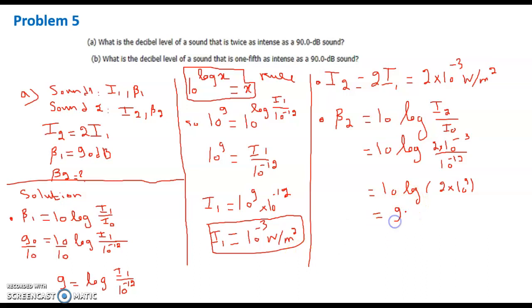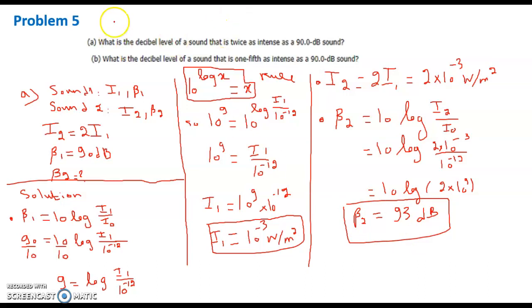So though the intensity I2 is double I1, the decibel level is not double. This is what I wanted to prove here. So beta 2, the decibel level, is 93 decibel.